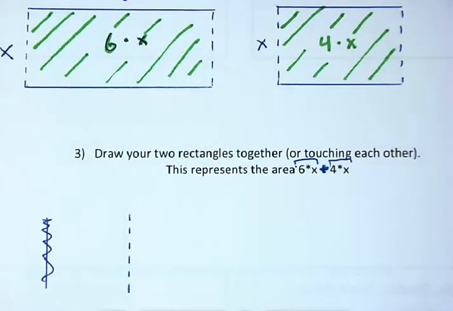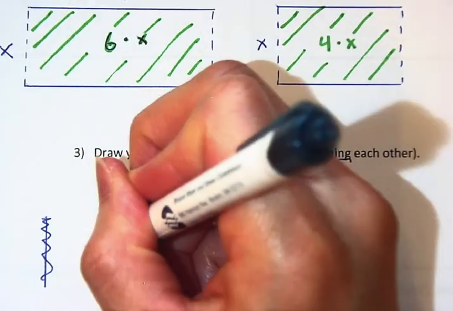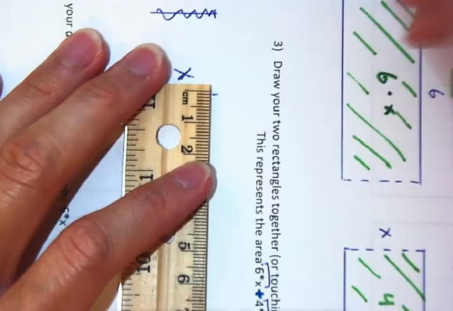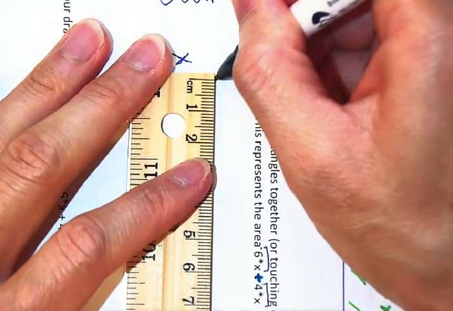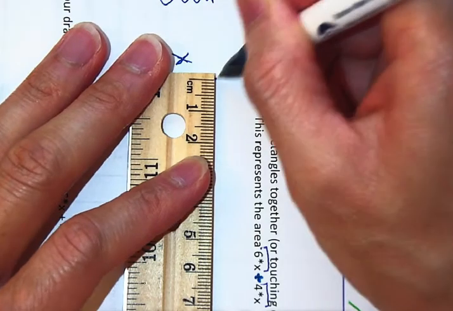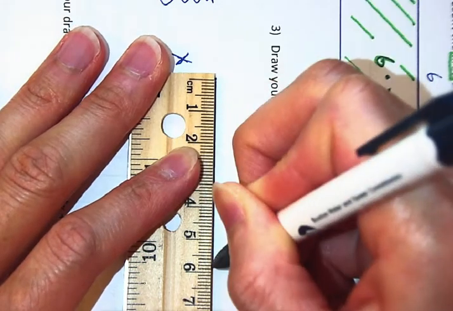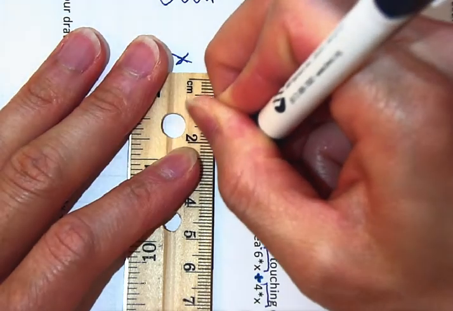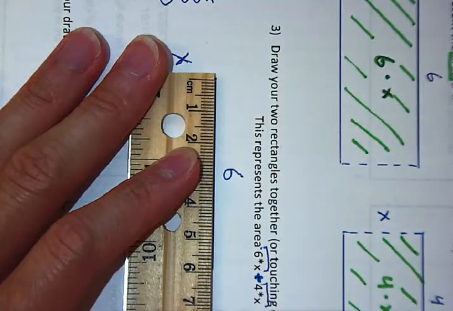Okay, so there's our x length. And now to draw the other side. So that is 6 long.